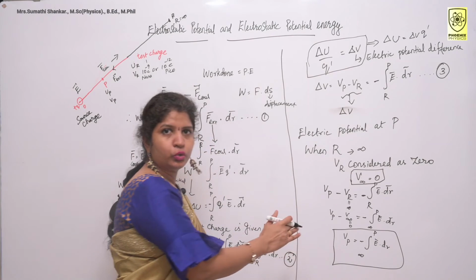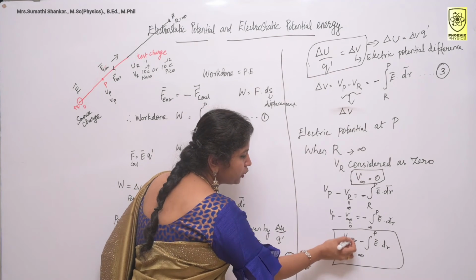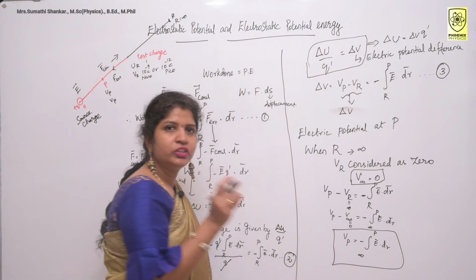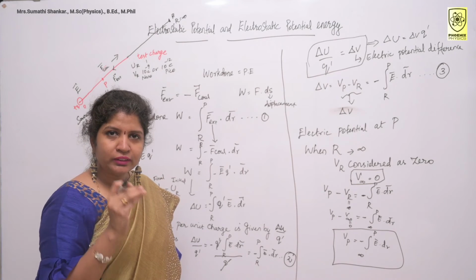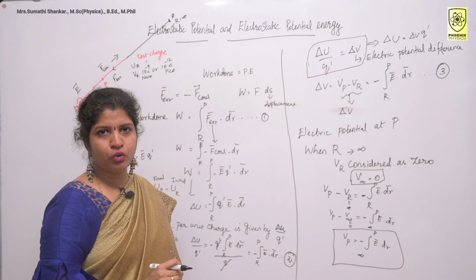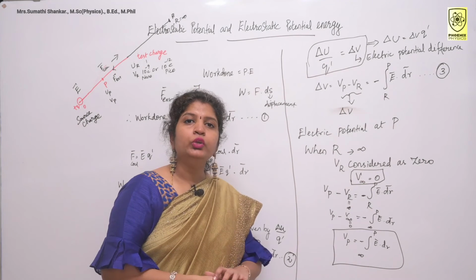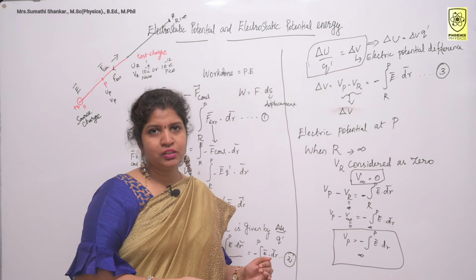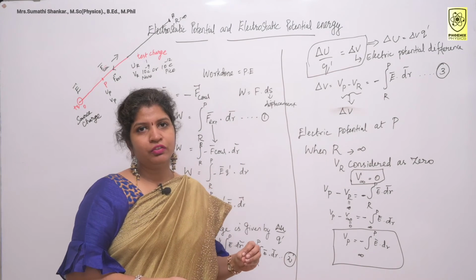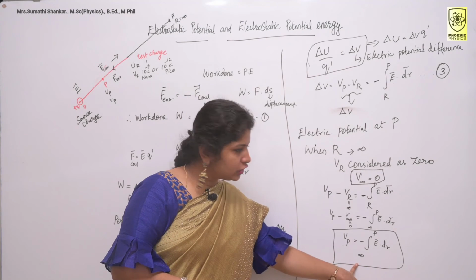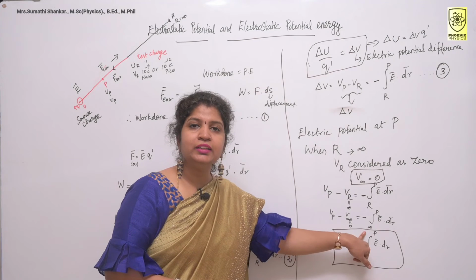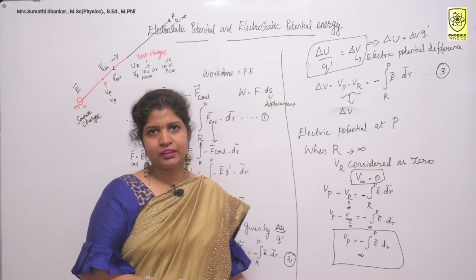What is your conclusion? The electric potential at point P is defined as the work done by the external force to bring a unit positive charge with constant velocity from infinity to that point in the region of external electric field.